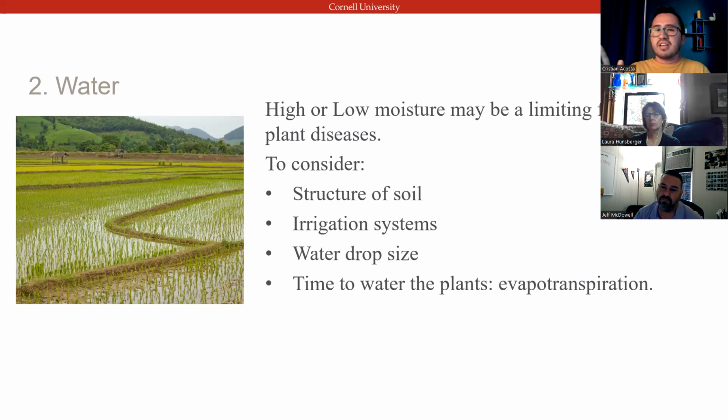Some plants can tolerate that and there is no problem, but many other plants can suffer when this happens.